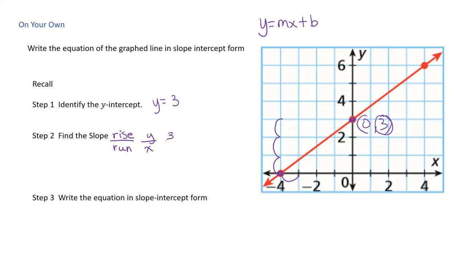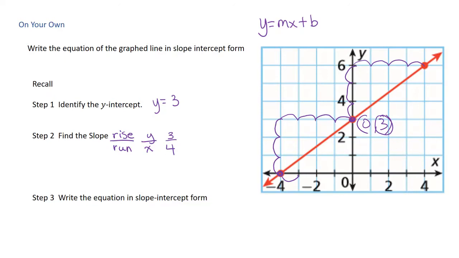So we're going to say 3 over the change in the run, which is the x: 1, 2, 3, 4. You can see it's always going to be constant, 1, 2, 3 for the rise, 1, 2, 3, 4 for the run. So our slope is 3 over 4.